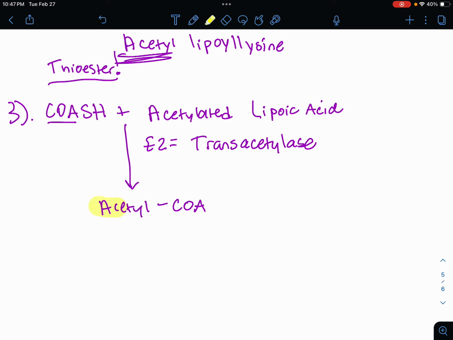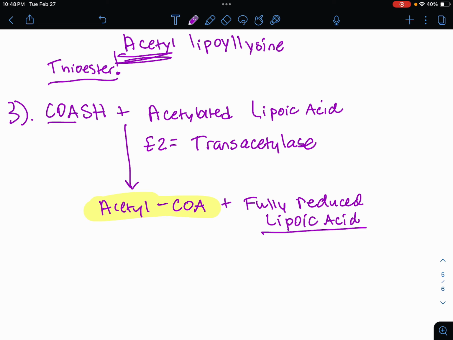Remember, the acetyl CoA, this is what we actually need in the Krebs cycle. So we've turned pyruvate into acetyl CoA. We're also going to have the fully reduced lipoic acid now. And that's a problem, because we need to go back to the oxidized form of lipoic acid in order for the transition step to continue again if we need it.